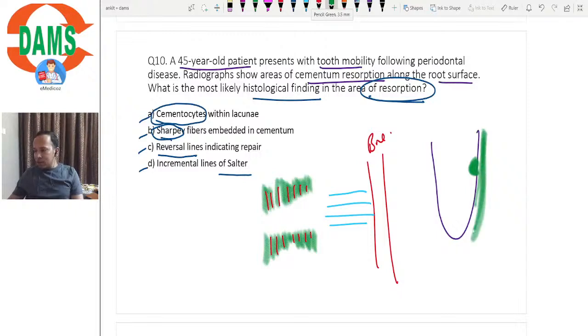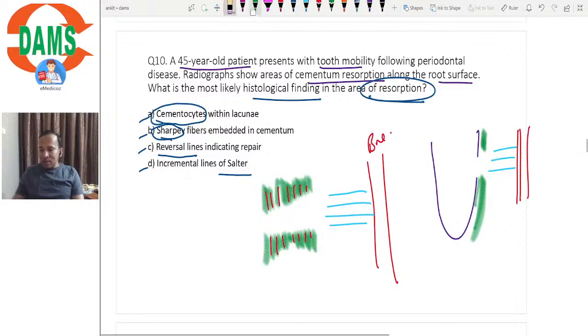This is the cementum. This is the PDL, and outside here is the bone. Now when the cementum itself has resorbed, do you think any fiber embedded in cementum would be seen? No, isn't it? Bhavna is saying B again. Why are you saying B again? When there is no cementum, how will the fiber inside the cementum be seen?